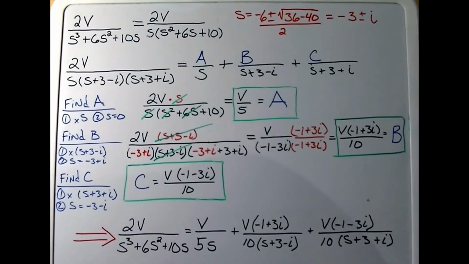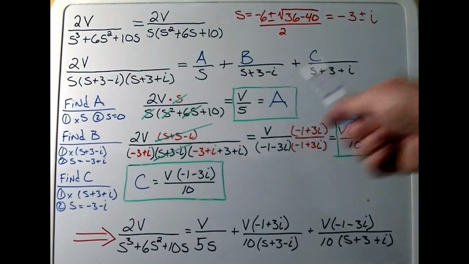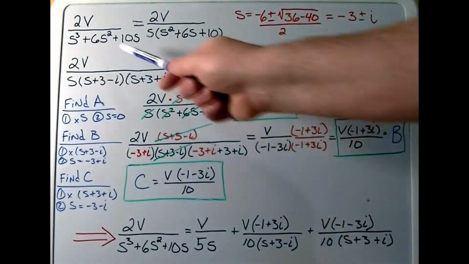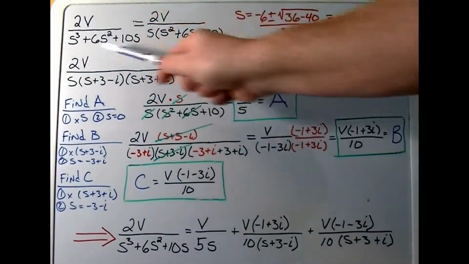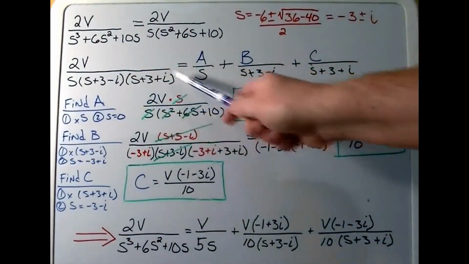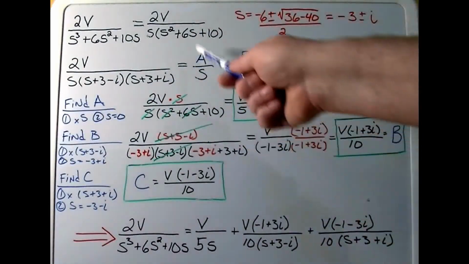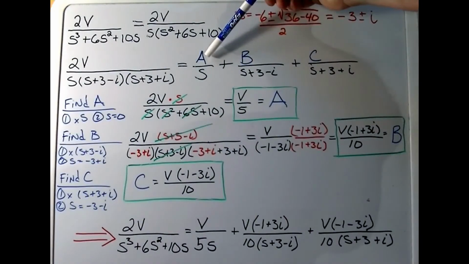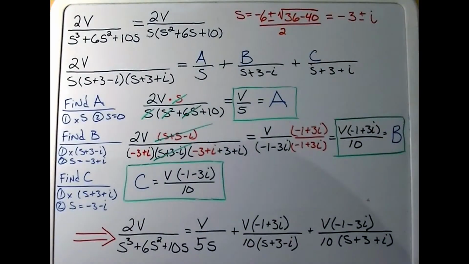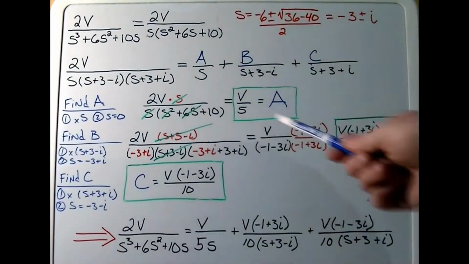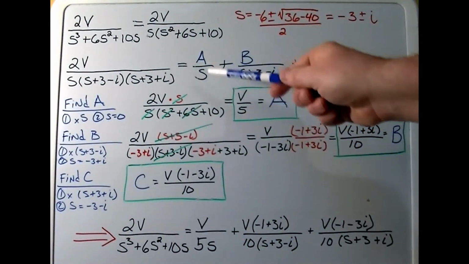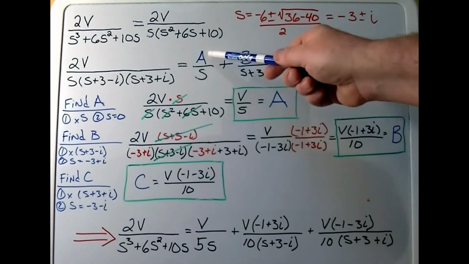So if we take our variable s and subtract our roots, we end up with factors that look like this in the denominator. Okay, so we take our original equation, factor it out in the denominator here, and write it as the sum of these three terms where we are trying now to solve for A, B, and C. Over here our denominators are first order, which means that our numerators can only be 0th order, right?